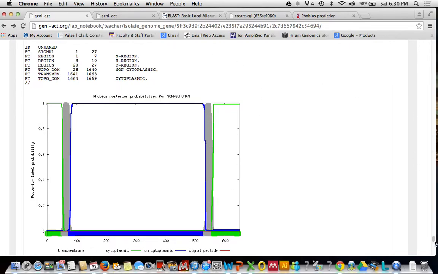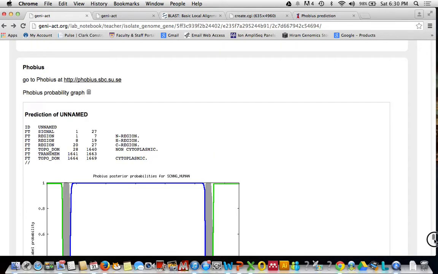If you look at the information that Phobius gives you, it tells you that you have a signal sequence which spans from amino acid 1 through 27. Signal sequences basically tell the protein where to go in the cell. Then it tells you your transmembrane region.